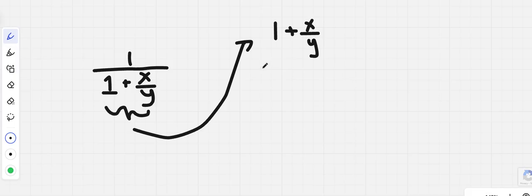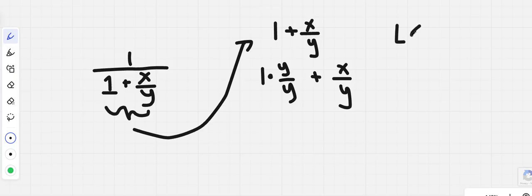We're going to multiply 1 times y over y. And then plus x over y, because we're trying to find our least common denominator. And our least common denominator is going to be our least common multiple. LCD or LCM is in this instance going to be y.